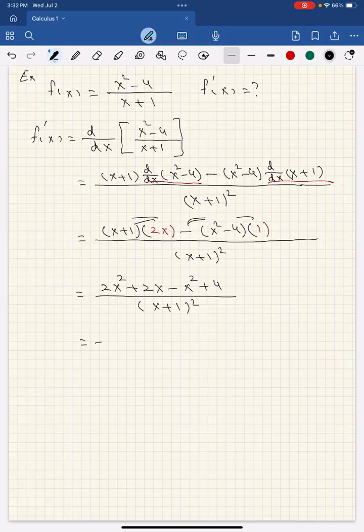Combine like terms if it's possible. 2x squared minus x squared gives you x squared plus 2x plus 4 over x plus 1 squared.